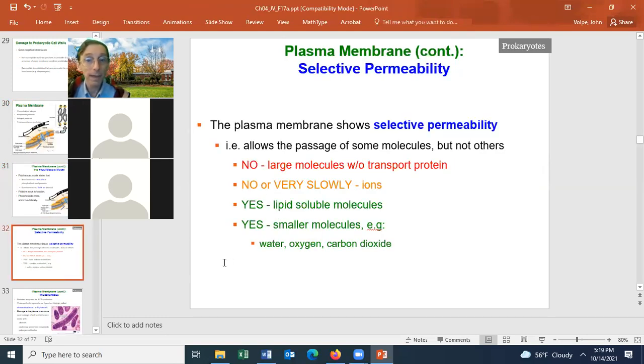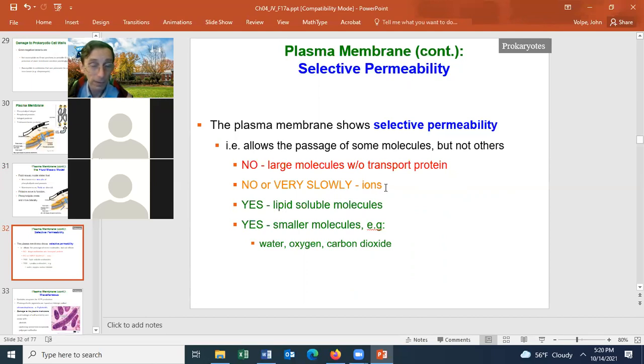The plasma membrane shows selective permeability, and that means it allows the passage of some molecules, but does not allow the passage of other molecules. No large molecule can move through the plasma membrane without the help of a transport protein.